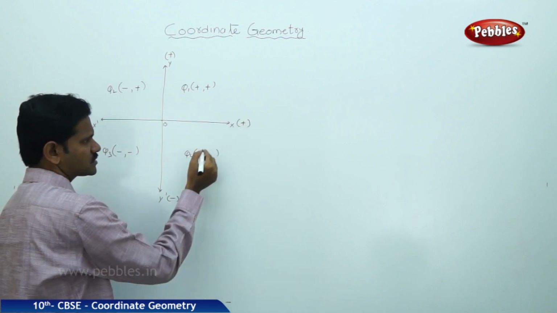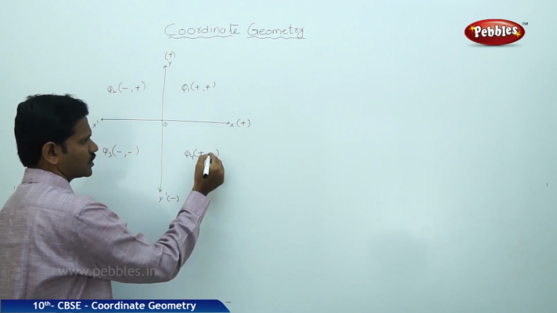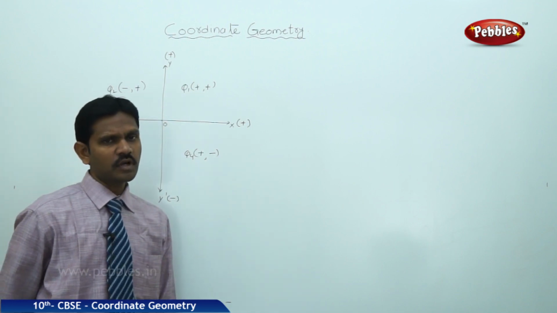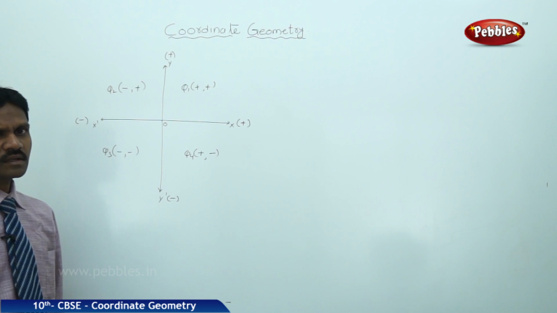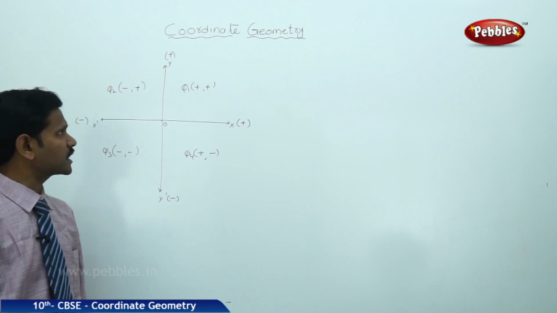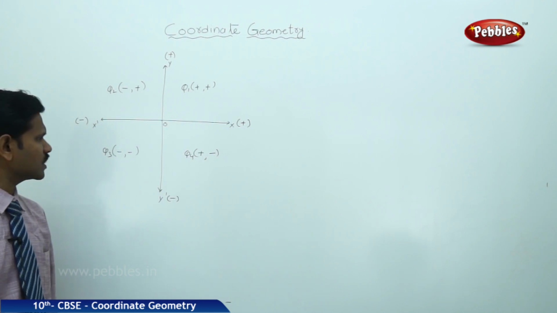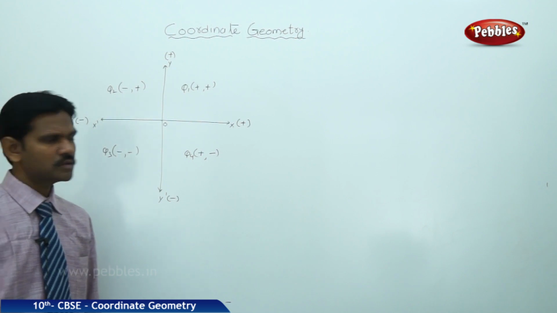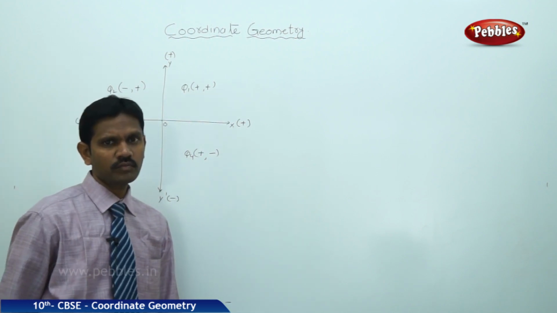Fourth quadrant: the x value is plus and the y coordinate is minus. Therefore, we conclude that Q1 is both positive values, Q2 is negative and positive, Q3 is negative and negative, and Q4 is positive and negative.